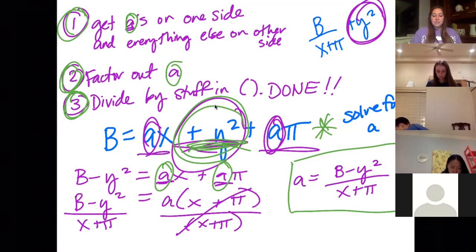Something like this is probably going to be the hardest thing you'll see, but just make sure with things from 1.1, like the exponent rules, that you go slow and you are careful, especially with the negative exponents. Because I feel like that's just where you can easily make a mistake.